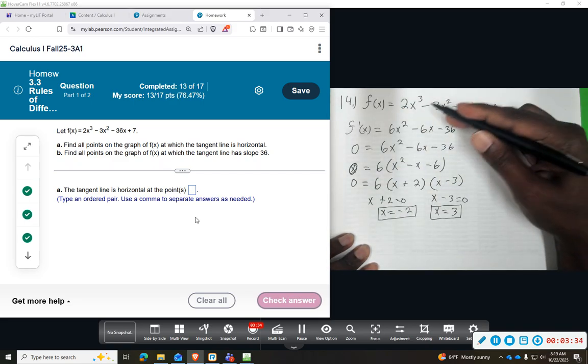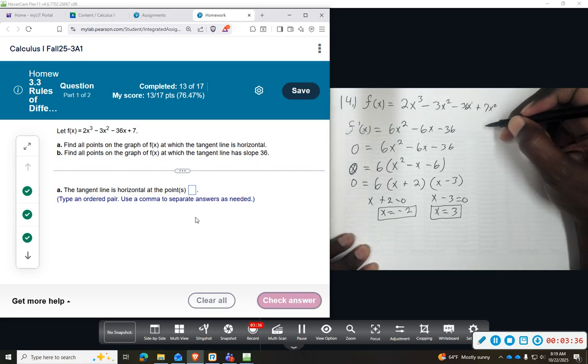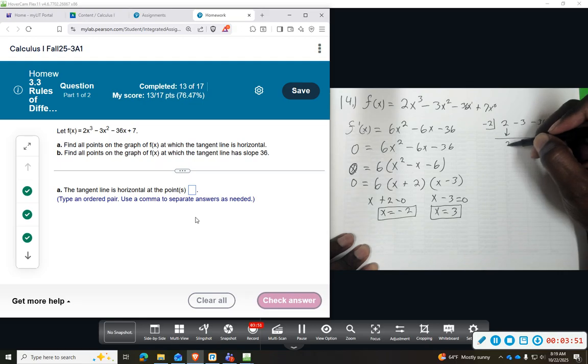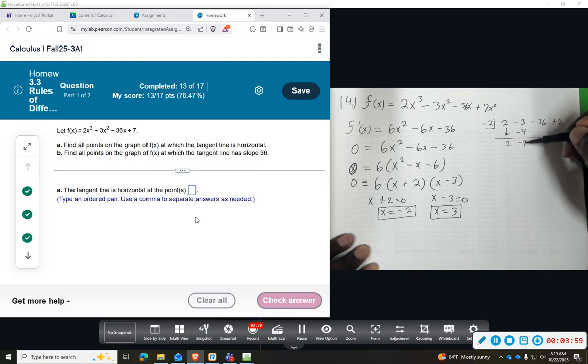So what I'm going to do is use synthetic division, and I'll do negative 2, and I'll get the value by doing synthetic division. So I bring the 2 straight down. Negative 2 times 2 gives us a negative 4. Combine, give us a negative 7. Negative 2 times negative 7 gives us a positive 14.